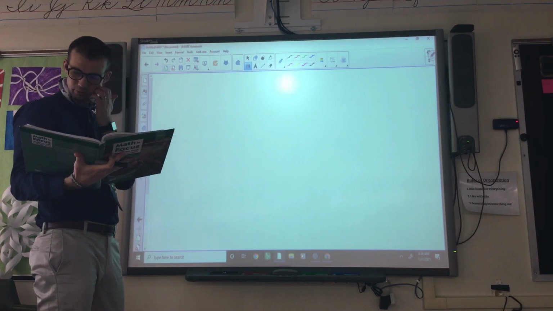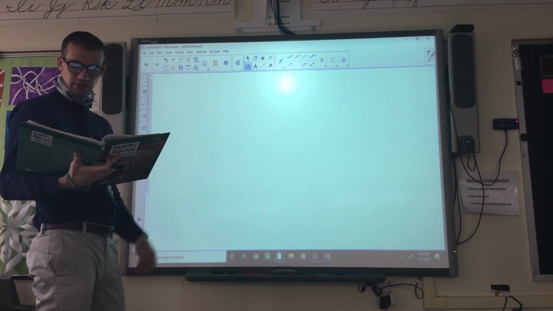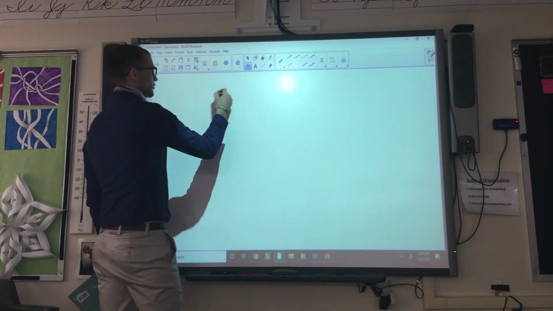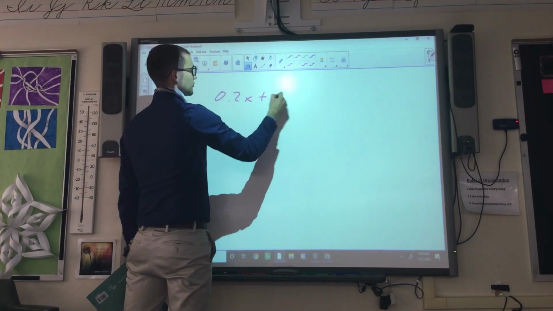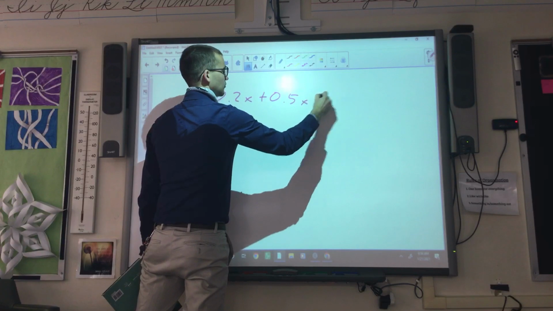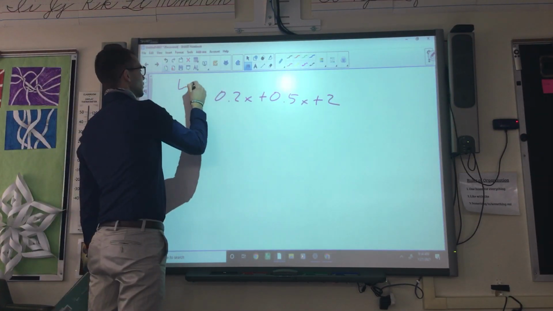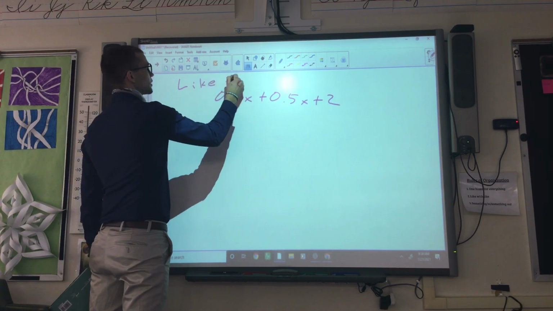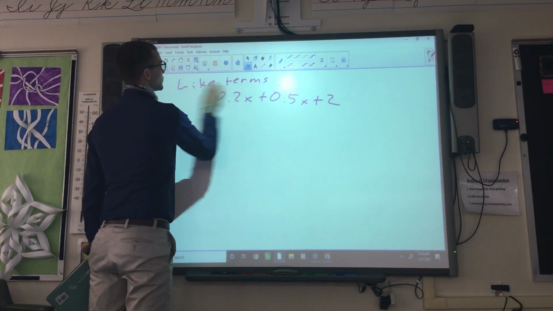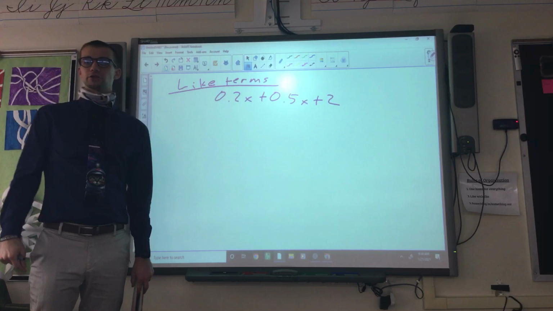So on 145, it's got 2/10x plus 5/10x plus 2. You have to look for like terms. What does it mean to be like terms?